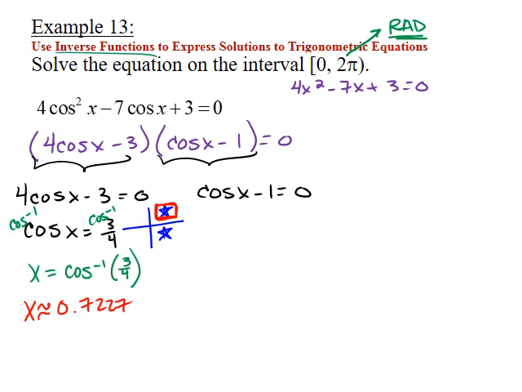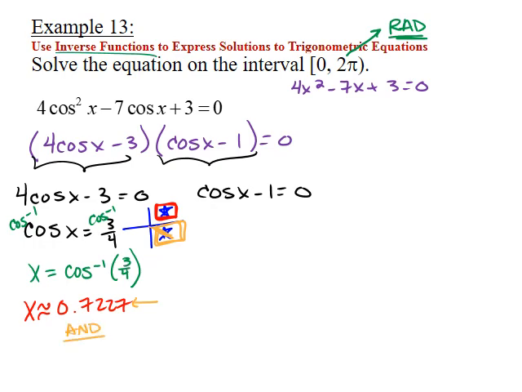All right, if I want to find the second solution, this one right here, I use this as a reference angle, right? To get this, I need to take 2 pi minus the answer we just found.